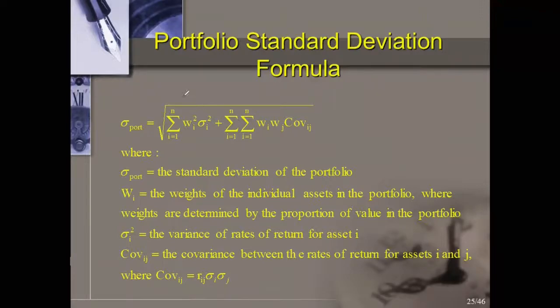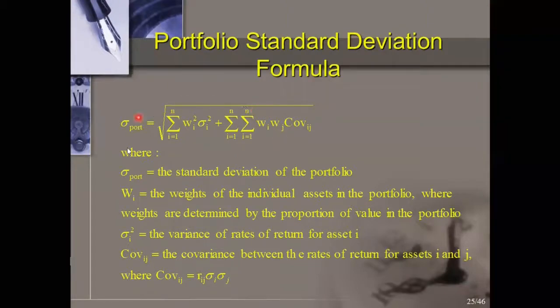So this is the basic formula, which was devised by Markowitz. On the basis of this formula, we will be able to calculate the standard deviation of any portfolio, whether that portfolio is made up of 2 assets, 3 assets, 4 assets, etc. But keep in mind, as soon as you increase the number of assets in your portfolio, the calculation will become a little bit complex.